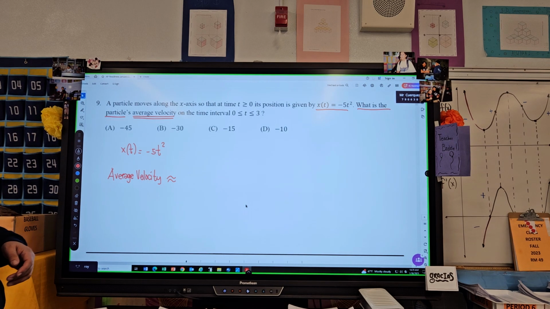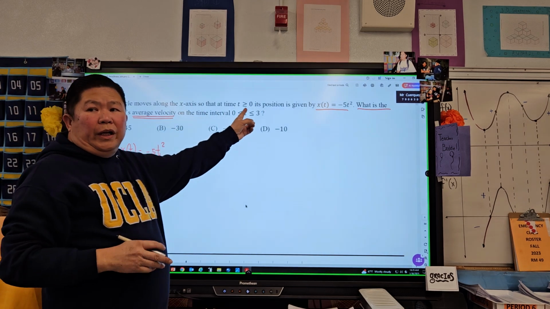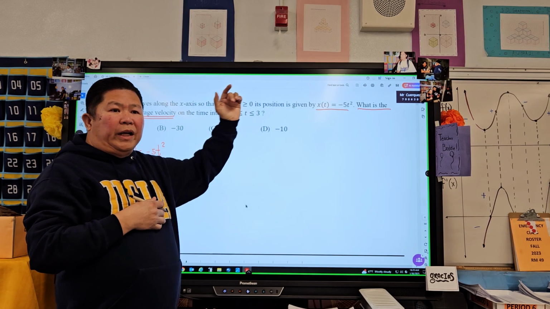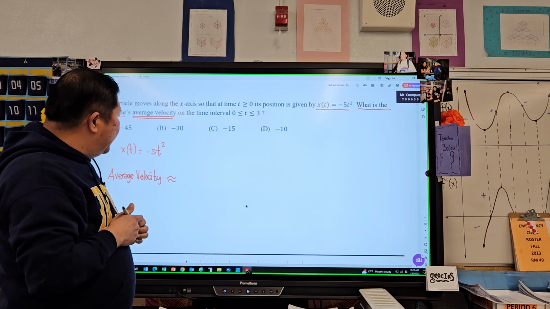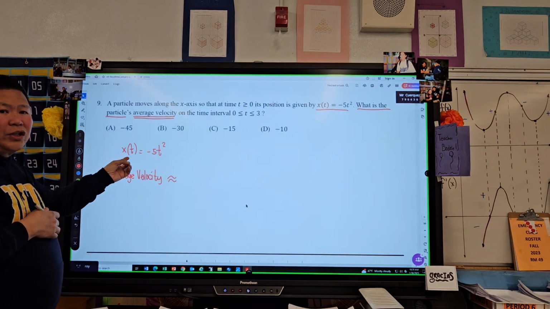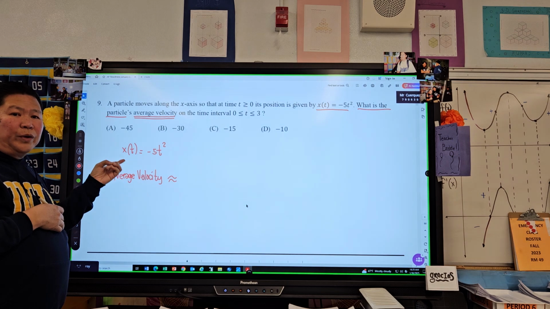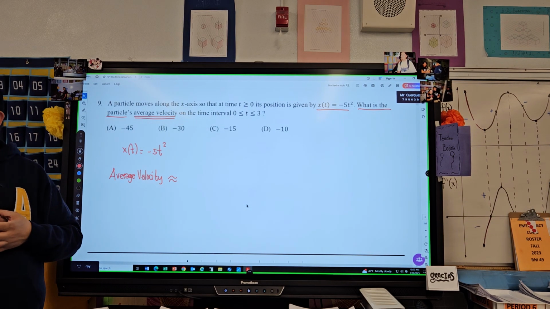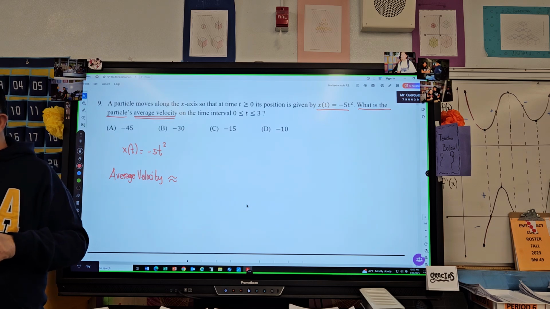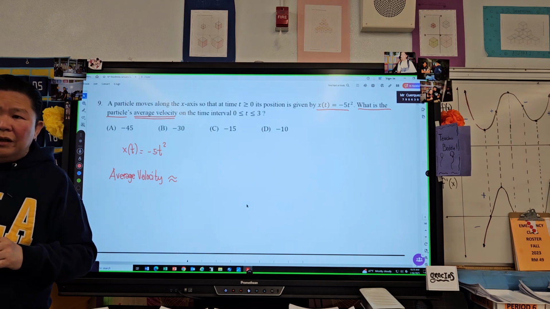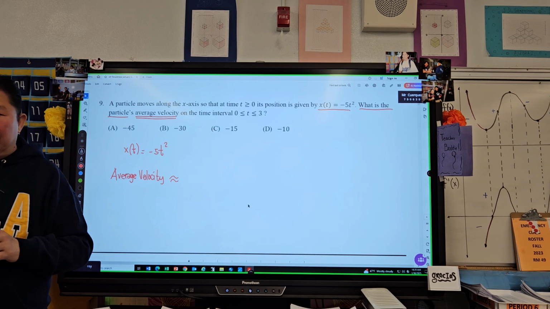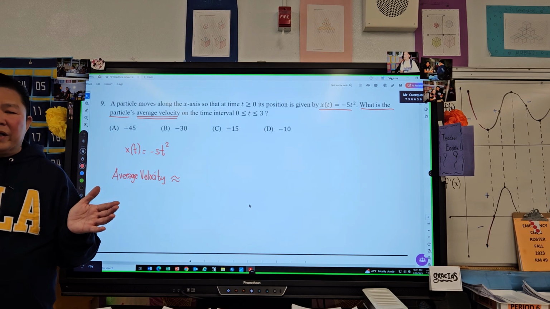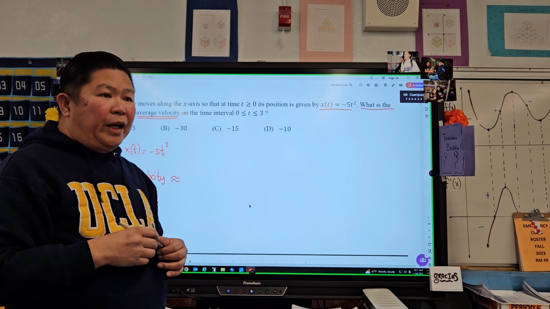Now we have the given interval from 0 to 3. Therefore we say f of b minus f of a, right? But since the given position function is x of t, we say f of 3 minus f of 0, over 3 minus 0, right? So always recall f of b minus f of a over b minus a.